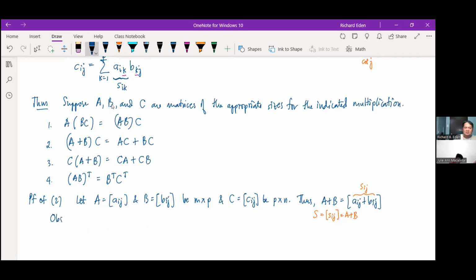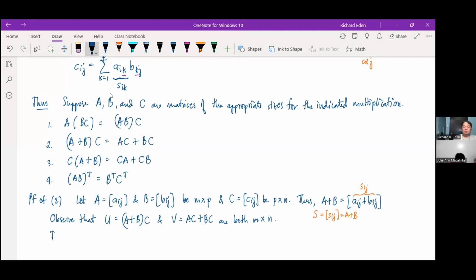Observe that, let's call it U, which is (A plus B) C, and V, which is AC plus BC, are both M by N matrices. So we just need to compare corresponding entries.